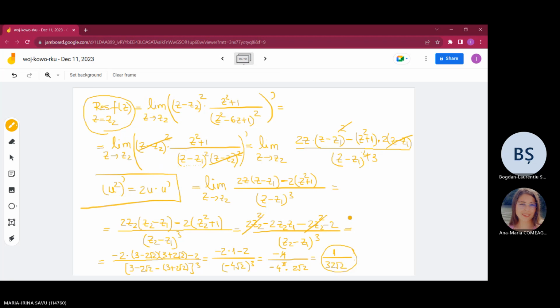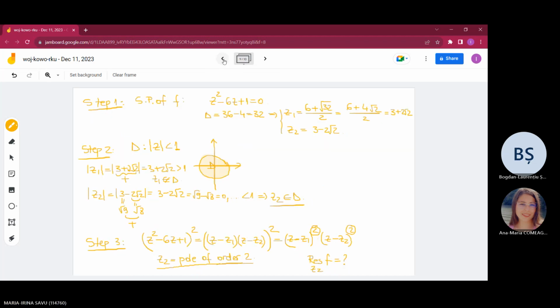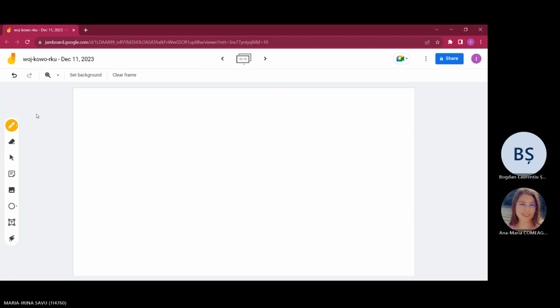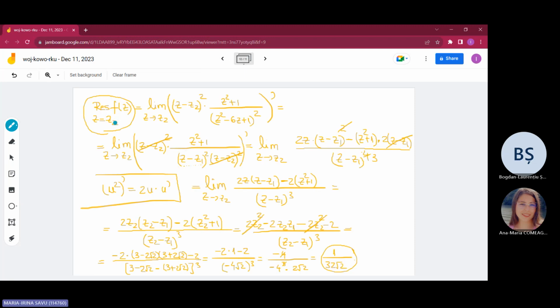And now, in the end, you have that this integral is 2 pi i times the residue of f in z2, but you have a 2 over i in front of it, so I from here is 2 over i times 2 pi i times the residue of f in this point.